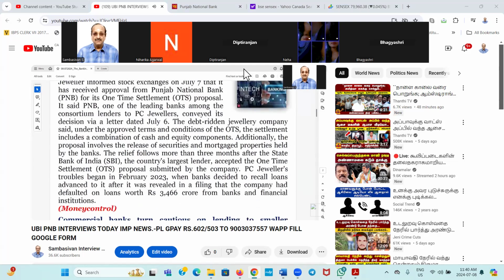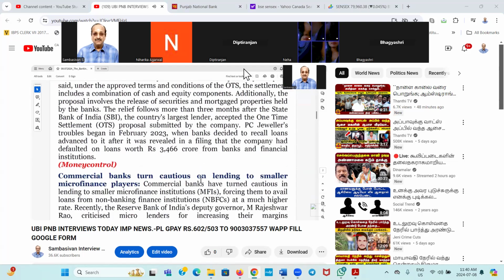Bank decided to recall the loans advanced to it after it was revealed in a filing that the company had defaulted on loans worth rupees 3,466 crore from banks and financial institutions. The relief follows more than 3 months after State Bank of India country's largest lender accepted one-time settlement proposal submitted by the company.